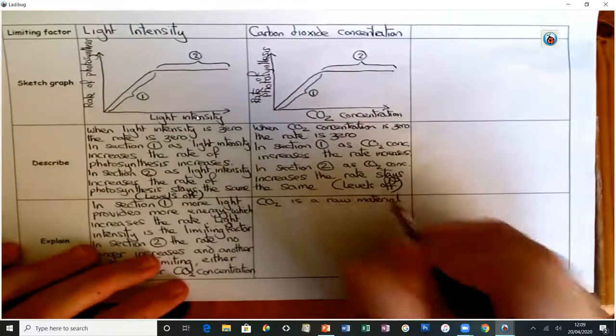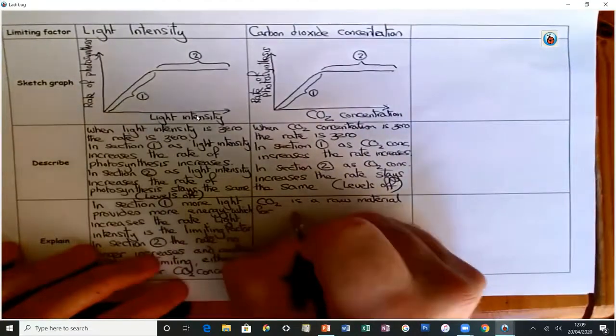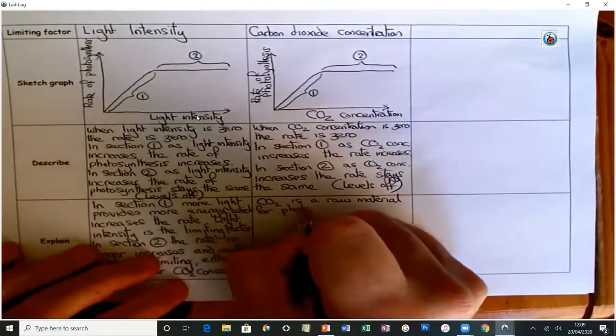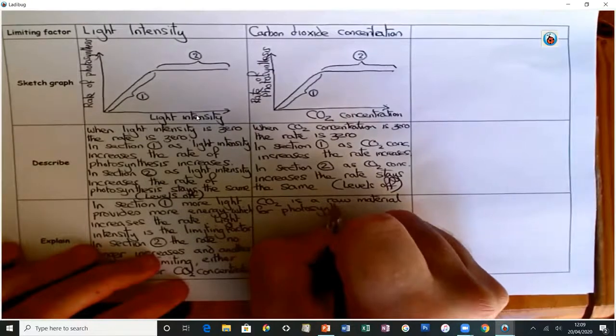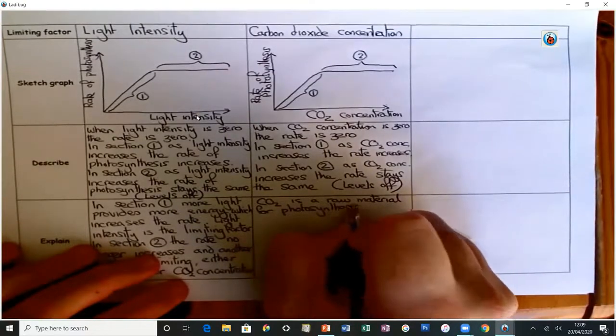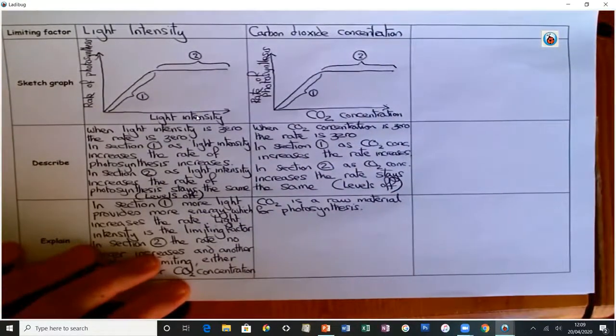It's one of the reactants for photosynthesis. Okay, so if we increase the concentration of carbon dioxide, that means we've got more carbon dioxide. And if we've got more carbon dioxide, that means there are more collisions that take place between the carbon dioxide and the water, thereby increasing the rate of photosynthesis.